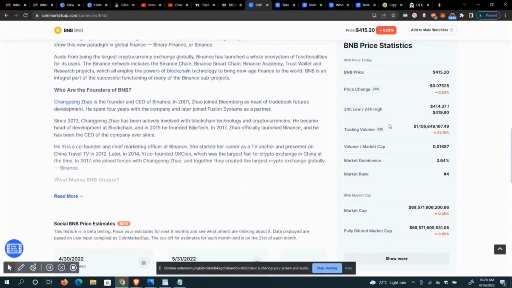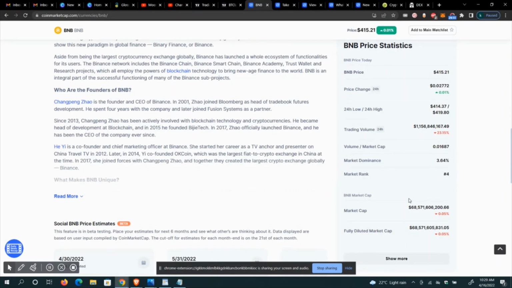The trading volume in the past 24 hours is 1.1 billion, as we can see here, which is down by 23% from the normal. The market dominance of BNB in the entire crypto space is about 3.6%. The market rank is number 4.